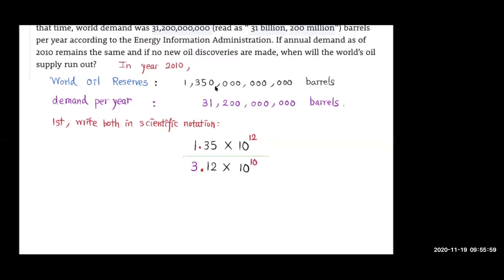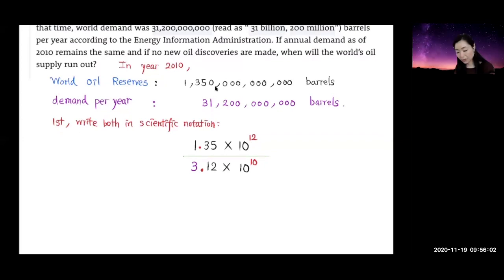All right, so now we're going to do the calculation using this scientific notation. We're going to do this part right here.